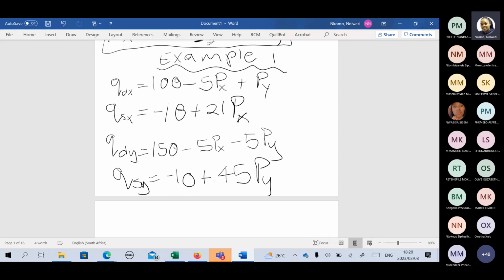The question is, we have to determine the equilibrium price and the quantity for both products, which is product X and product Y.